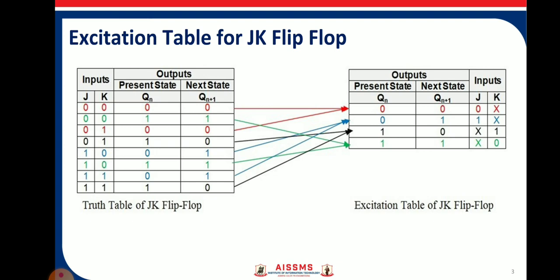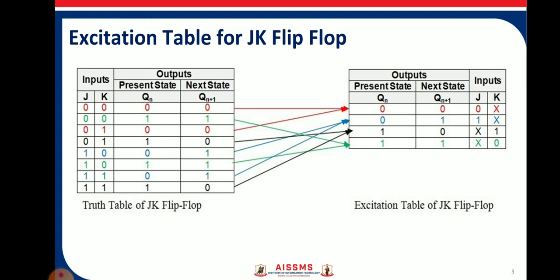If we consider the inputs J, K and the present state Qn, it becomes a 3-bit combination, and the maximum possibilities are 8. According to that, we arrange the bit sequence as shown on the left hand side, 000 to 111.